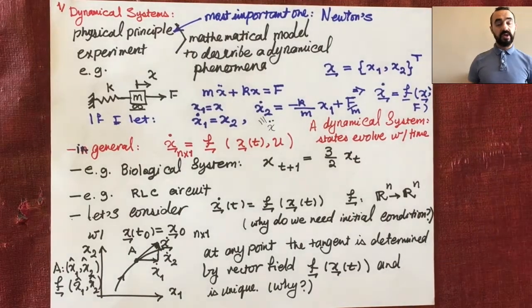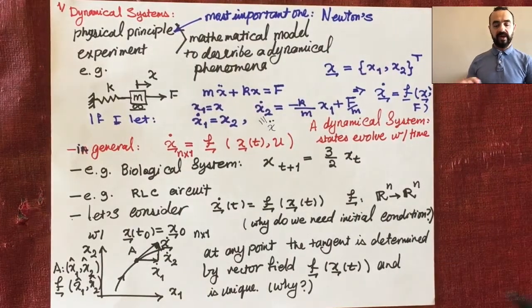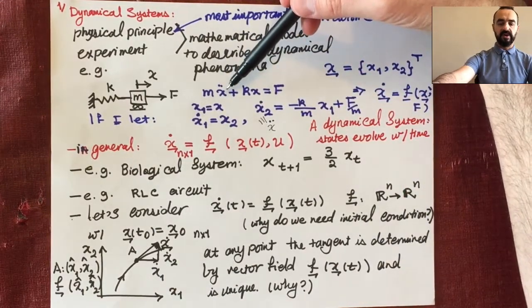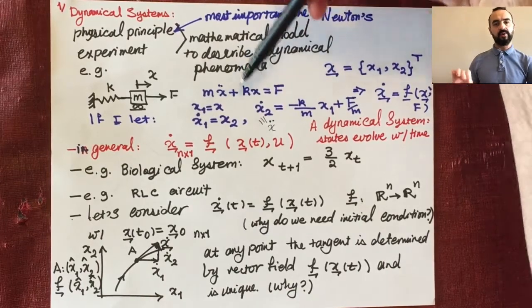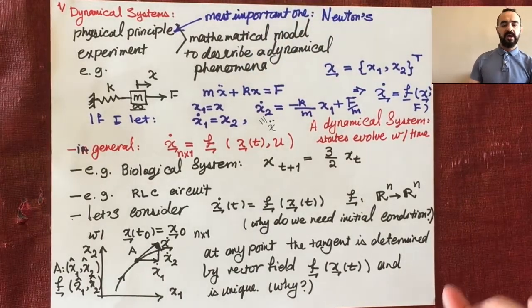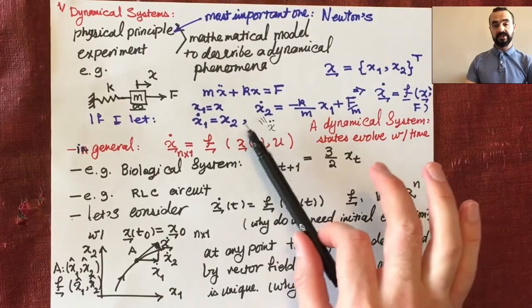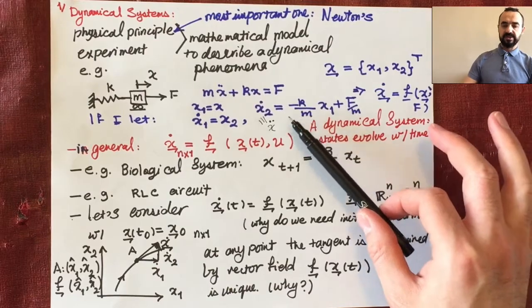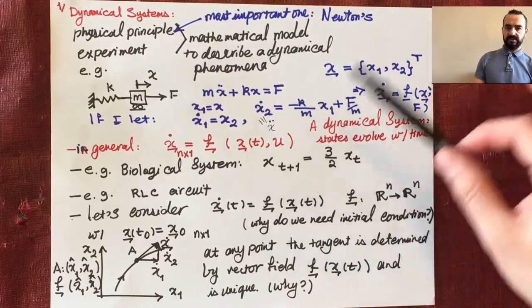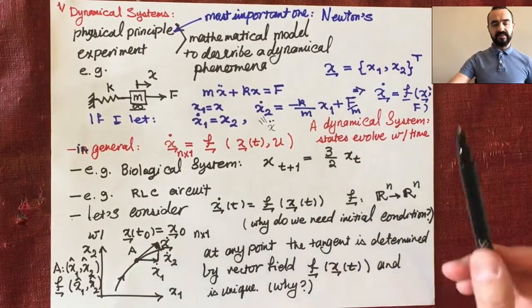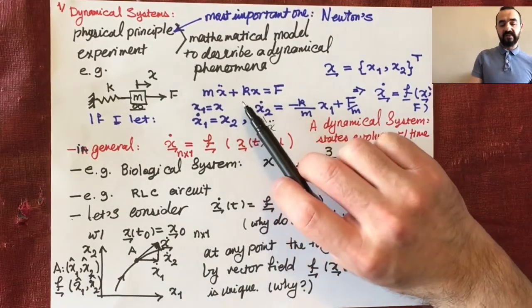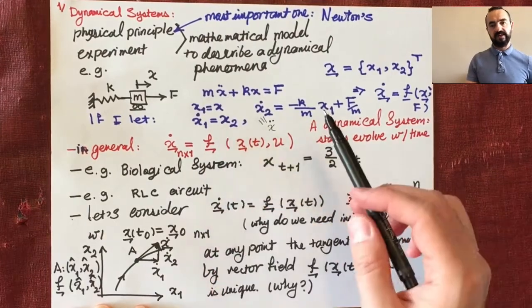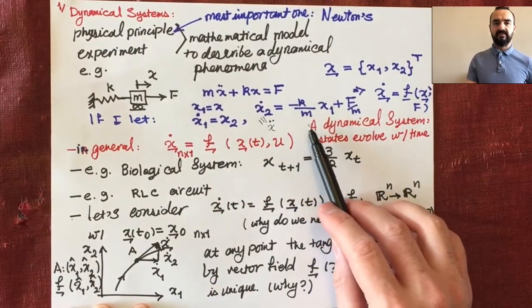In other words, what I've done here is get rid of the second order differentiation with respect to time, and instead of having a second order ordinary differential equation, I have a bunch of first order coupled differential equations, because I have to describe this system as x1 dot equal to x2 and x2 dot equal to negative k over m x1 plus F over m.